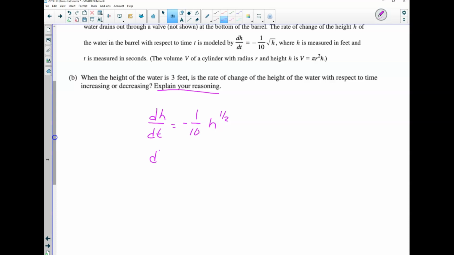So that's going to be d squared h over dt squared equals negative 1/10 times 1/2 h to the negative 1/2, chain rule, times dh/dt, because we're differentiating with respect to time. There's a chain rule in there.